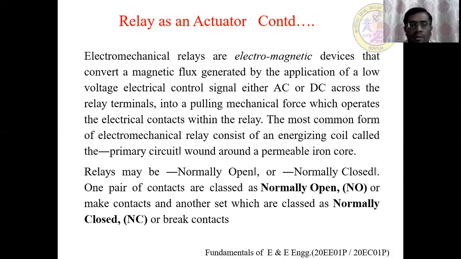Relays may be normally open or normally closed. It will have two pins called normally open or normally closed. One pair of contacts are normally open, or make contacts, and another set are normally closed, or break contacts.